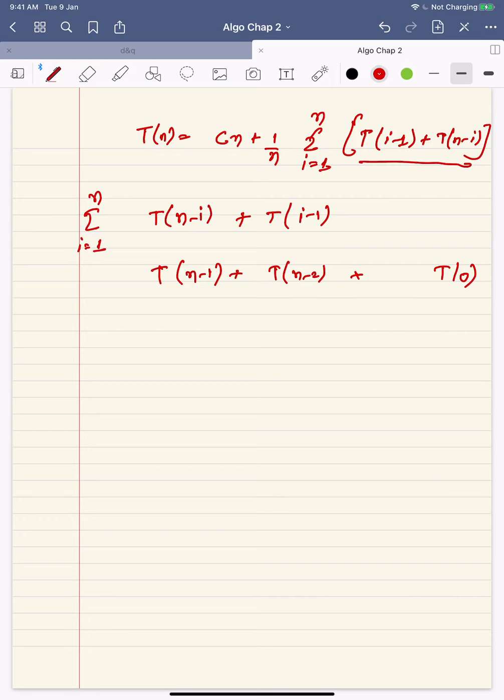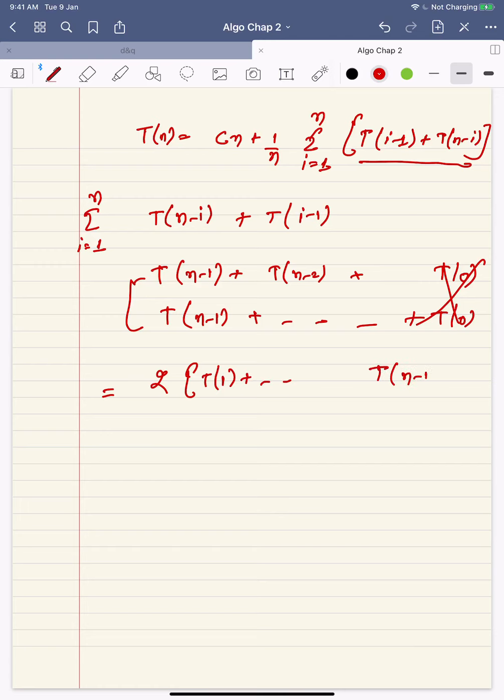Similarly, in i minus 1, I start putting i, so T of 0 plus, and when I put i equal to n, T of n minus 1. So the same terms will repeat, so they will come twice. This will give me 2 times T1 plus up to T of n minus 1. So this is where I will simplify this.